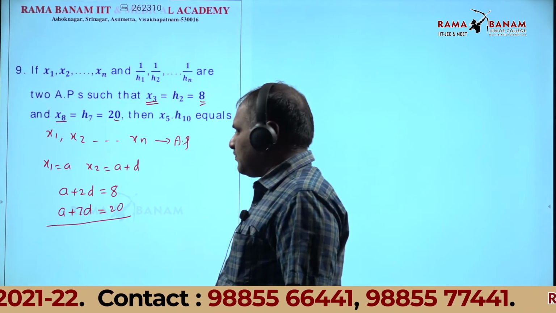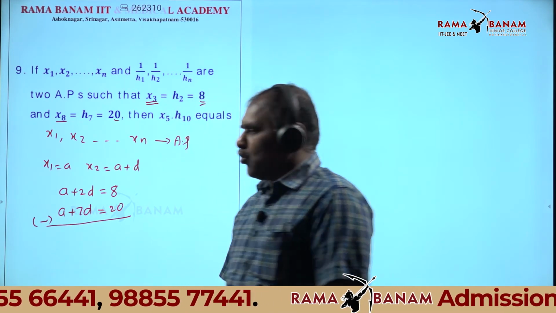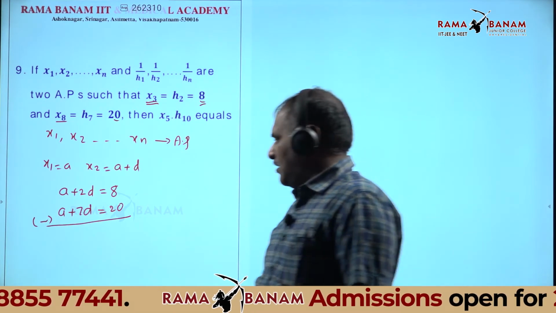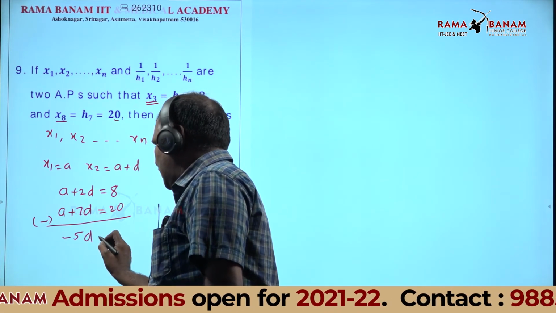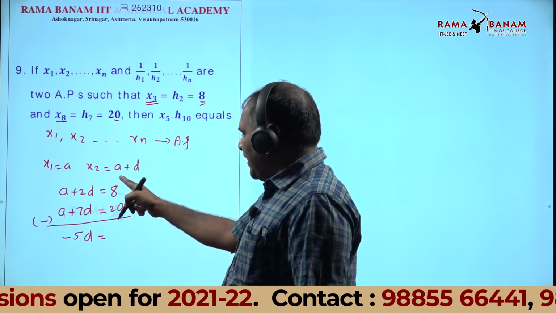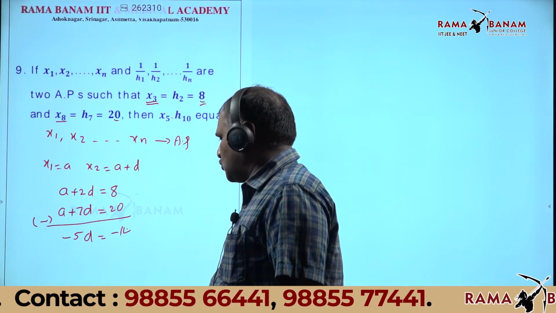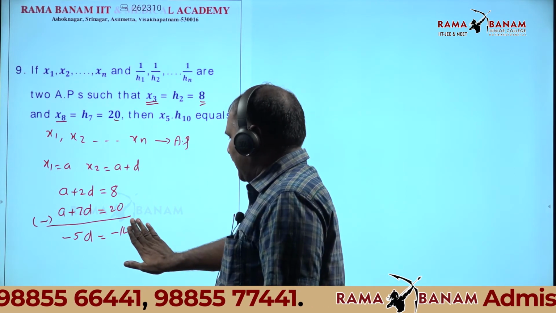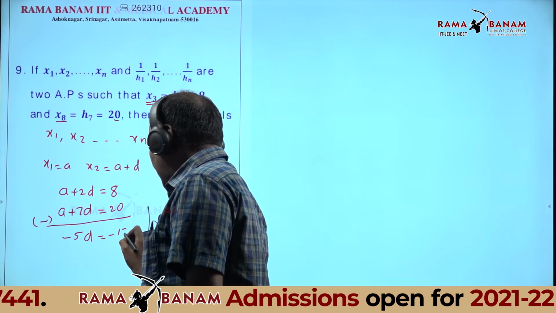Subtraction of both, a cancels. 2d minus 7d is minus 5d, equal to 8 minus 20, that is minus 12. You can get minus 5d equals minus 12.